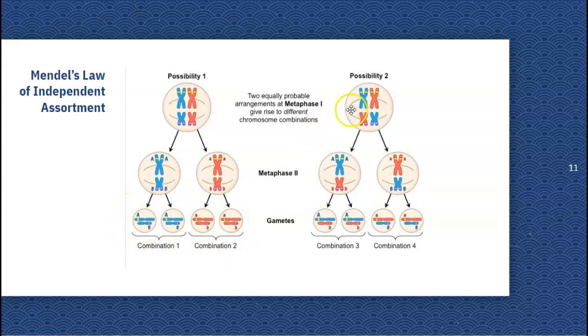But if they line up dad, mom, mom, dad, then at the end of meiosis, we have these combinations. Either one of these is possible, and from meiosis cycle to meiosis cycle, it might happen this way 3 times in a row and then this way 17 times in a row. Who knows, okay? So the way that chromosomes line up in metaphase will produce different gametes, and so that leads to genetic variability.